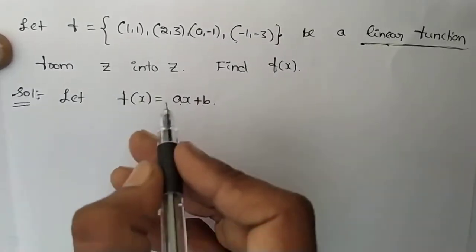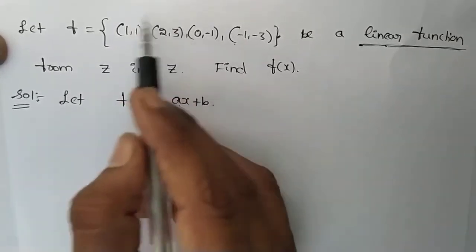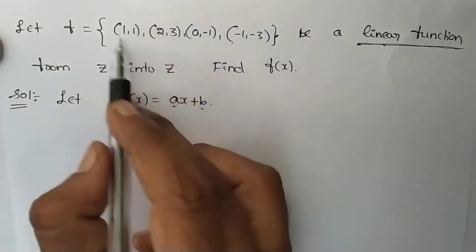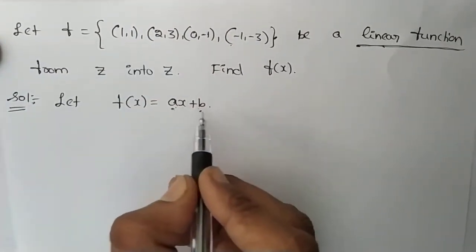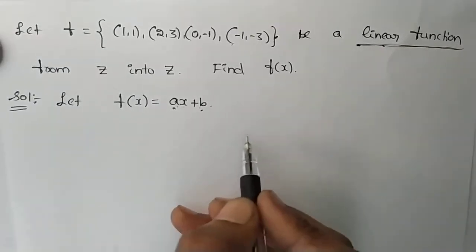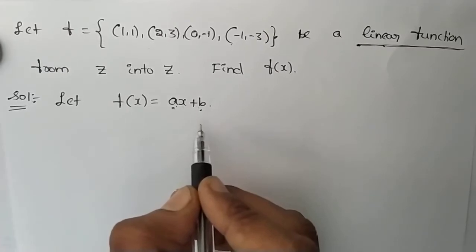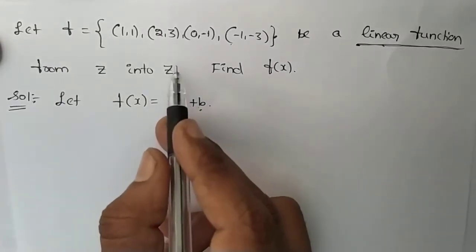Now, by using the given function, we have to find the values a and b. Later, we have to substitute those values in this equation. Finally, we will get the required linear equation for the given question.